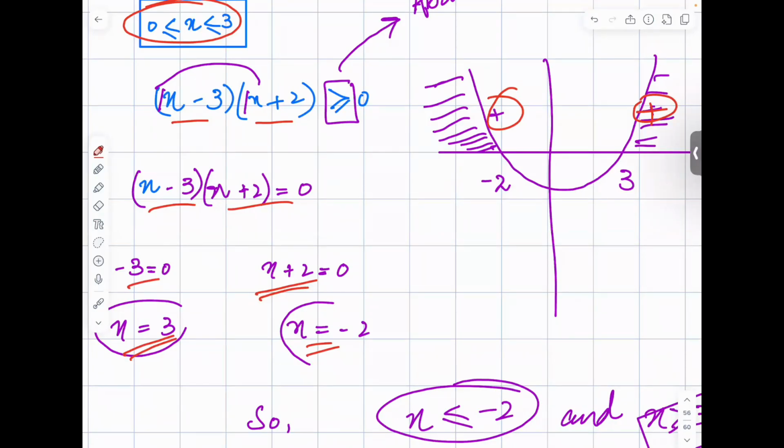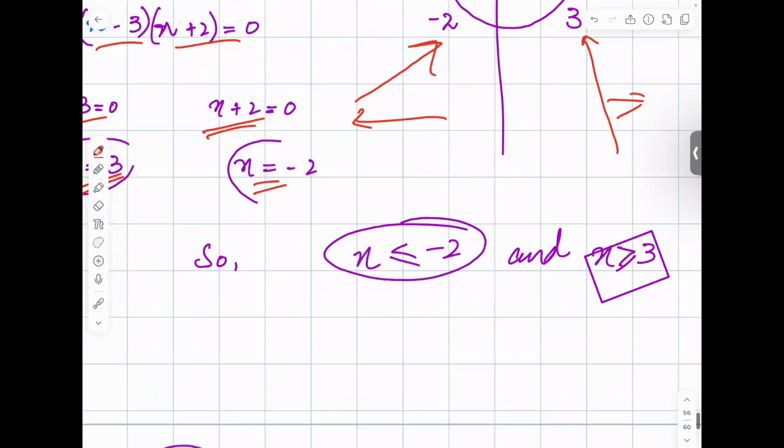It's x is equal to 3 and x is equal to minus 2. So if this is minus 2, this is 3, that's all we need. And greater than 0 means the portion of the graph above the x-axis, which is happening below minus 2 and after 3. So your answers are going to be x is less than or equal to minus 2 and x is greater than or equal to 3.